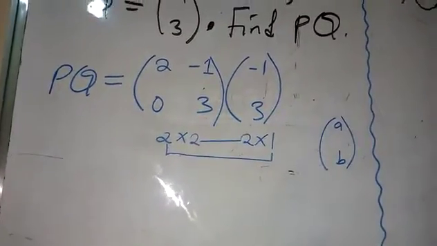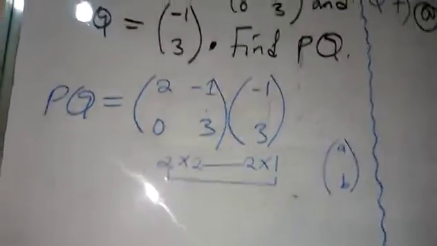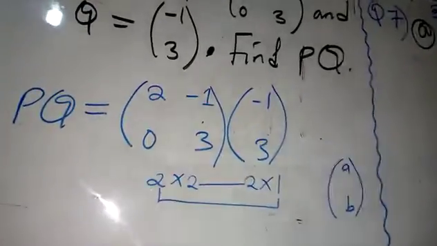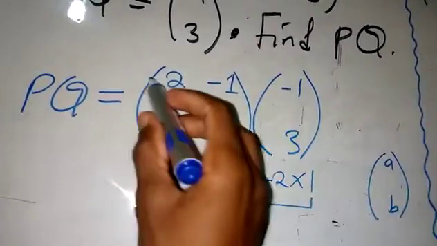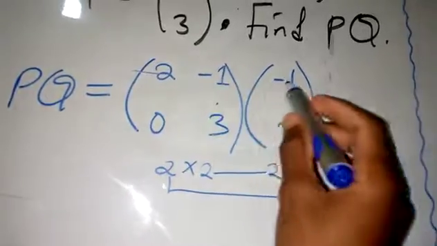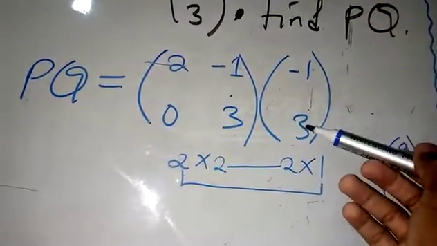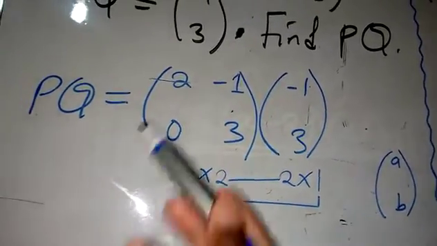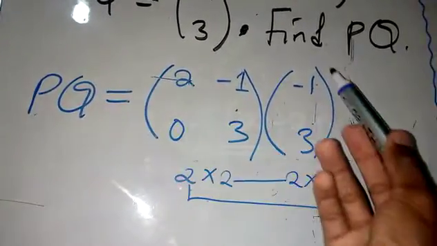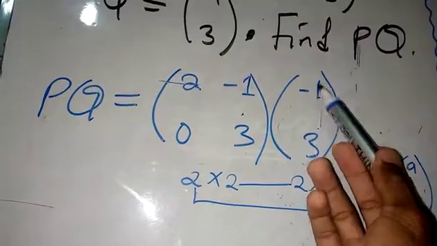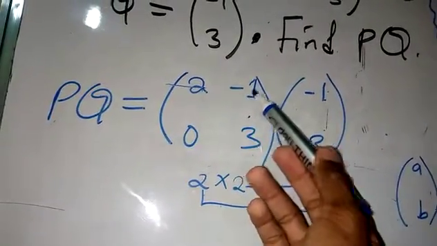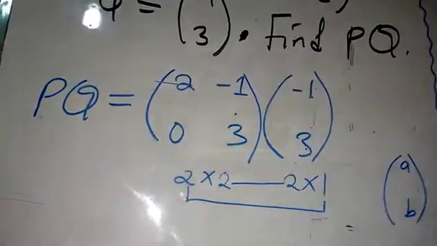So we can now multiply row by column. I want you to pay attention. Row number 1 has 2 and -1, then the column has -1 and 3. So the first entry will be multiplied by the first entry. The second entry in a row will be multiplied by the second entry in a column.